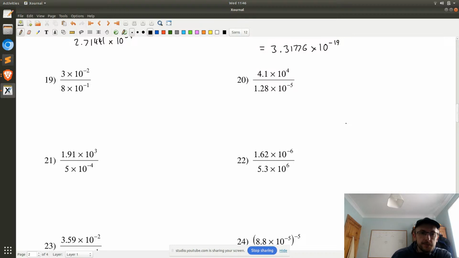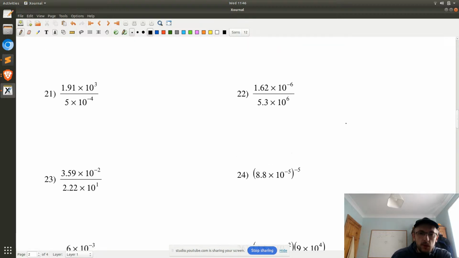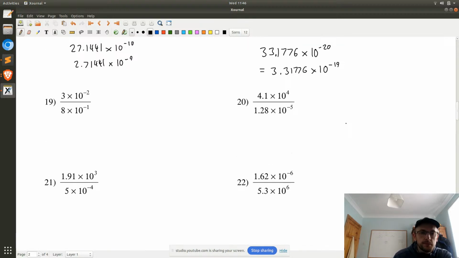Next, I don't know how accurate all of these are, but we'll see. We will see. 3 divided by 8 is 0.375. And this is that. 10 times bigger, 10 times smaller.